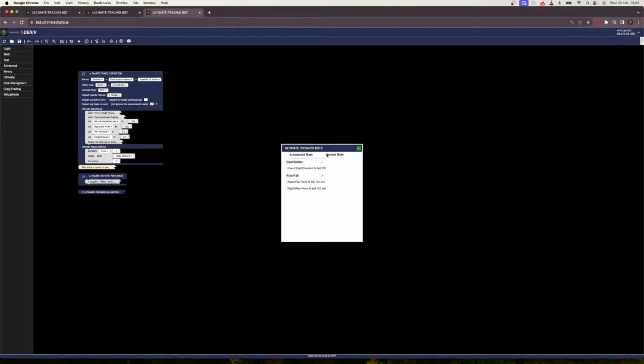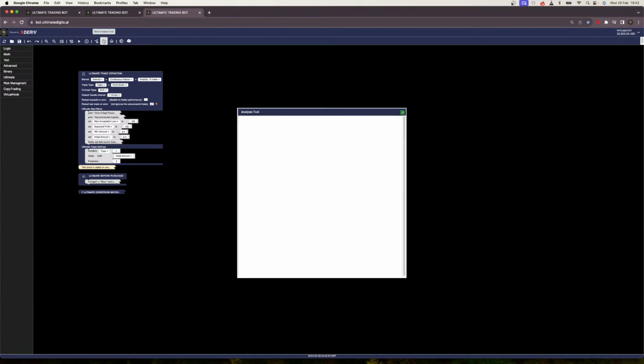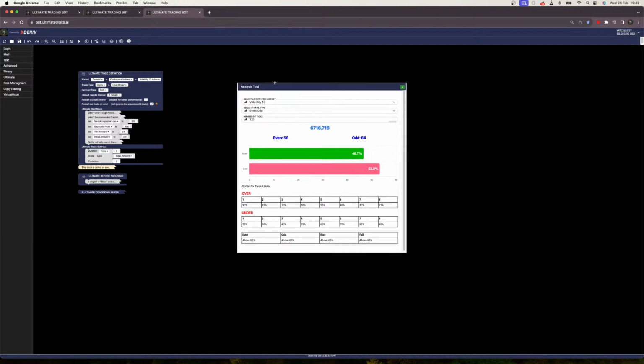Just click on the bot to load it on the chart, then click on the show analysis tool to open the tick analyzer to show you the digit statistics.